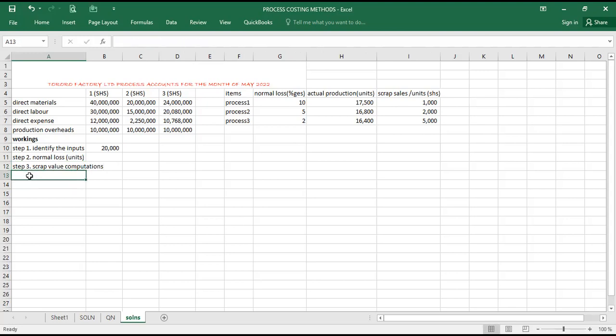Then our step 4, we get the good units expected. When you get the good units expected, then the last one will be step number 5.